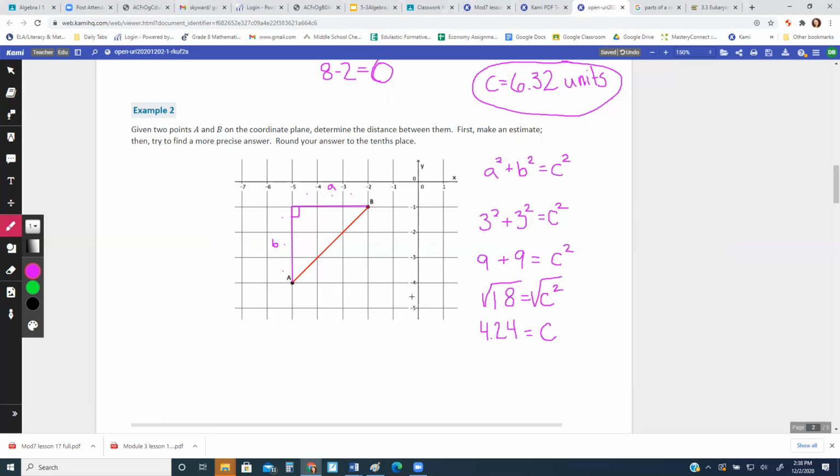Let's see if this passes the does it make sense test. If that one is the hypotenuse, I'm going to actually make it in red. So we're going to have 4.24 as the hypotenuse. Does this make sense? Well, it's 3 on this side, it's 3 on this side, it's a little more than 4 on this side. So yeah, it makes sense that that would work.